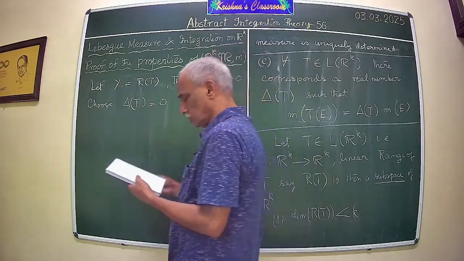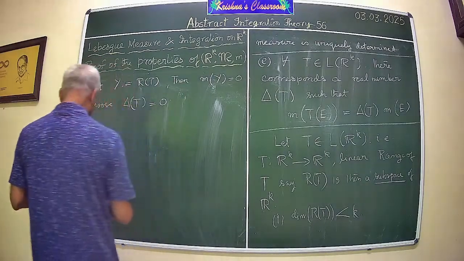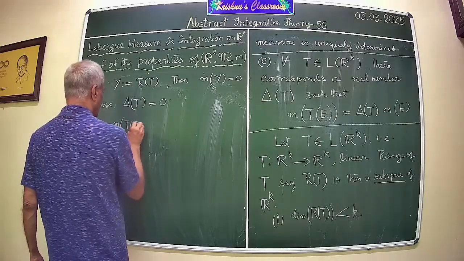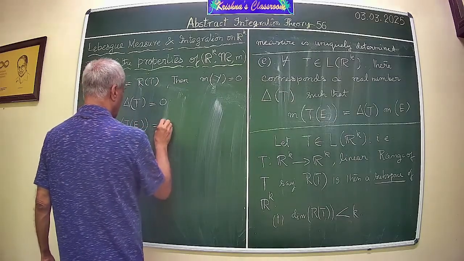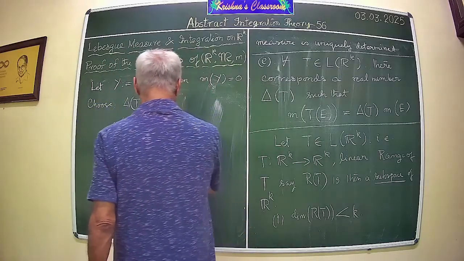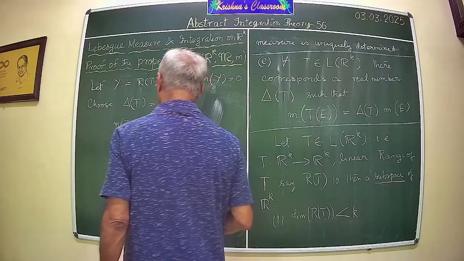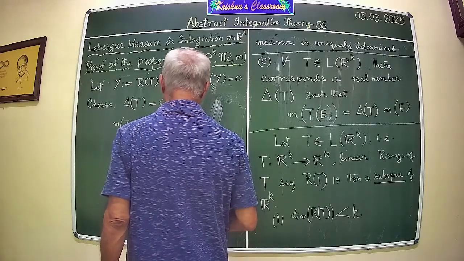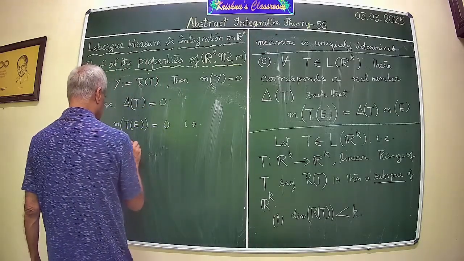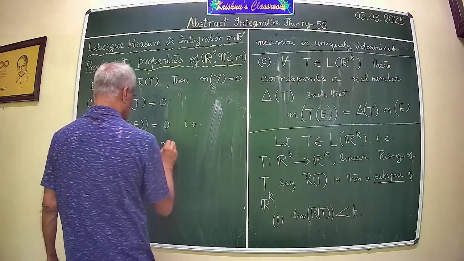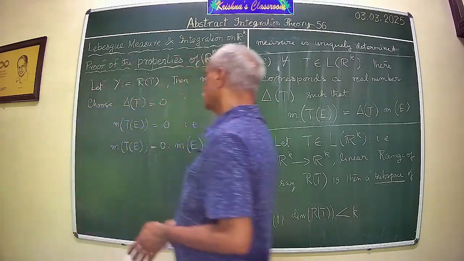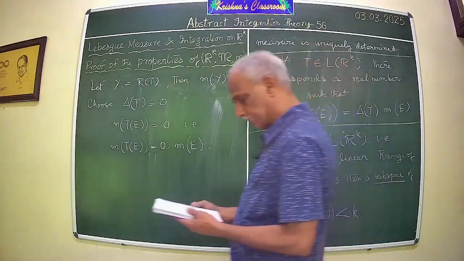So in that case this is true, and consequently you get this result, that the measure of the image of E is equal to 0. So that holds in that case.